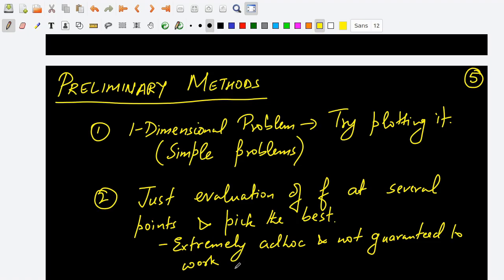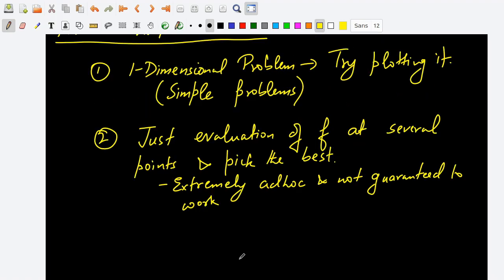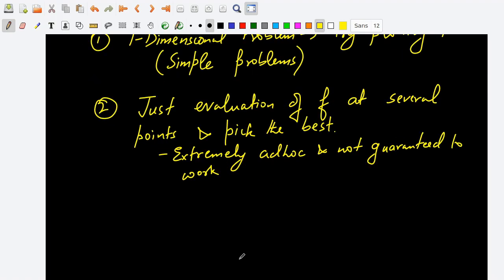Okay, so again, you would try to do this if you are not really interested in optimization, but you just want something better than what you currently have, and you have not much idea of how to go about optimizing the function given to you.